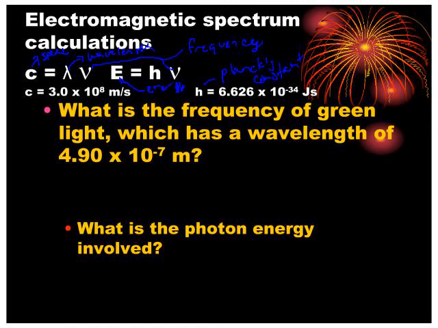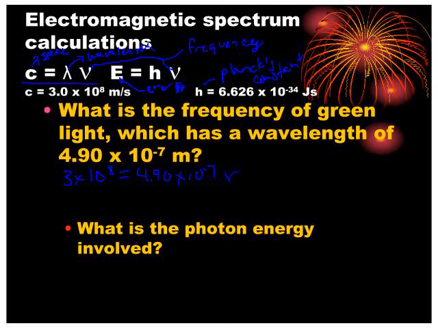So if I wanted to find out the frequency of a green light, which has a wavelength of 4.9 times 10 to the negative 7, I'm going to use this formula because the wavelength and frequency are tied to your speed. Substituting in our numbers, it is 3 times 10 to the 8. It's our C, always our C. Our wavelength is 4.90 times 10 to the negative 7.